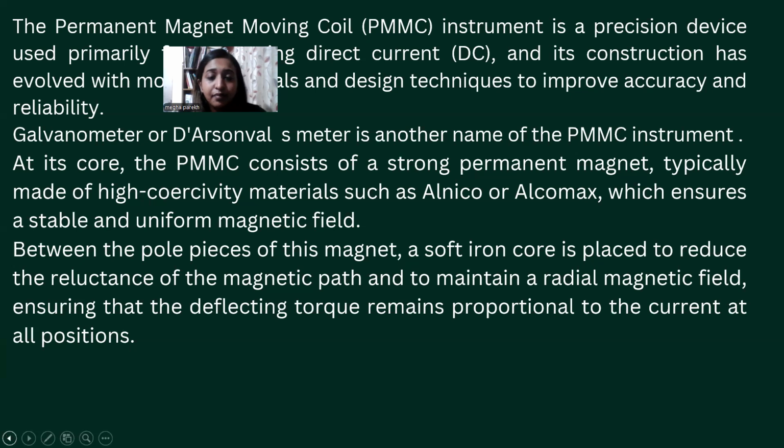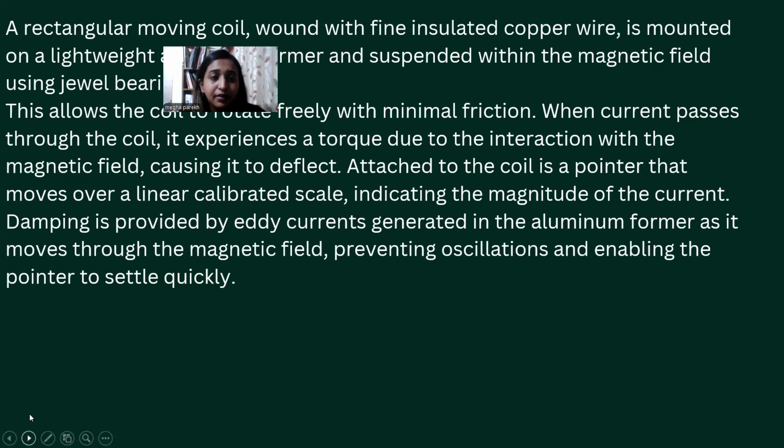So what is the role of the soft iron core? The soft iron core is used to reduce the reluctance of the magnetic path and to maintain a radial magnetic field, ensuring that the deflection torque remains proportional to the current.